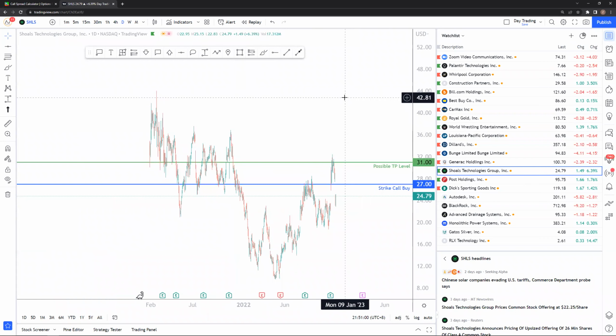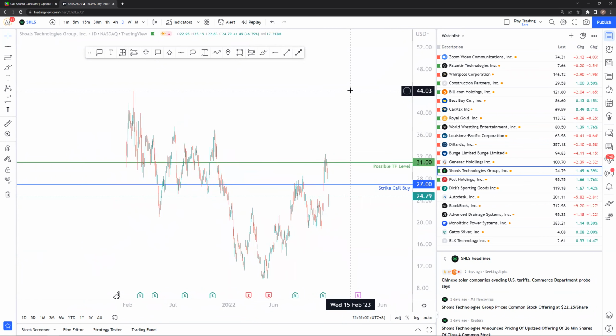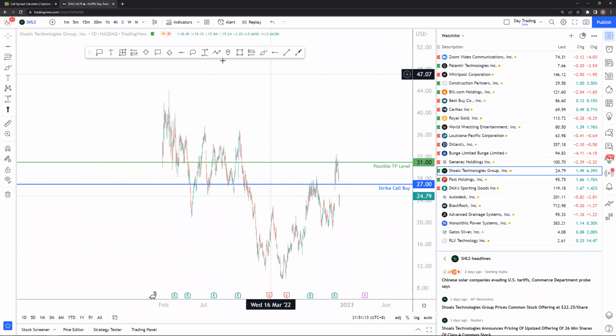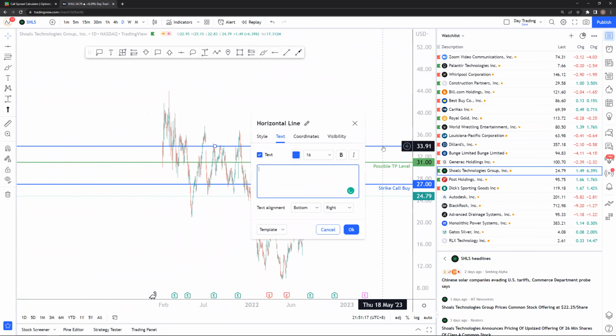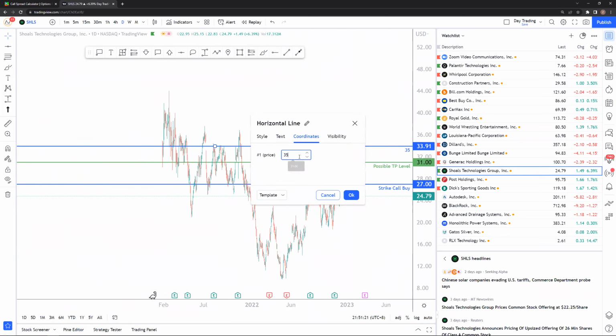I want to see at what strike I want to do the sell side. So usually, of course, it is your upper limit, so you will want it to be above a resistance level. So in this case, I can choose 35 as my sell side.